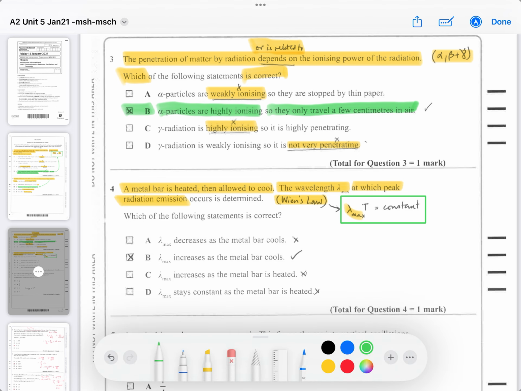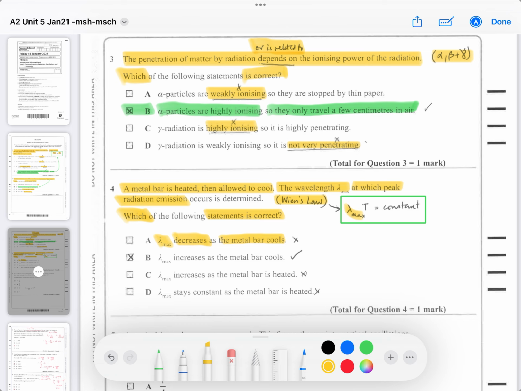So now we've got to find out which statement, again, is correct, A, B, C, or D. Okay, so A is incorrect. Lambda max decreases as the metal bar cools.